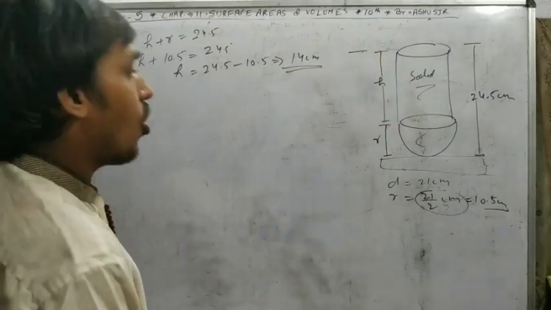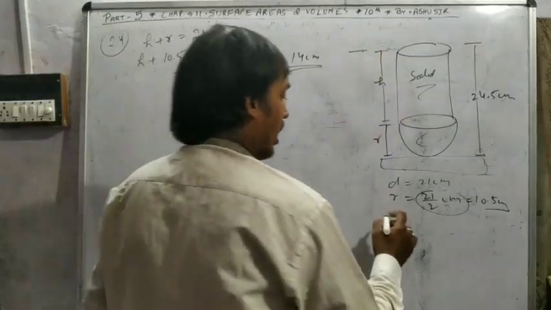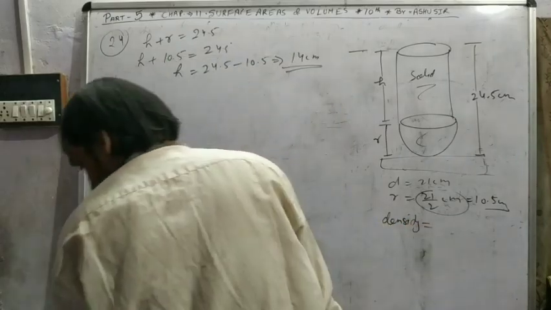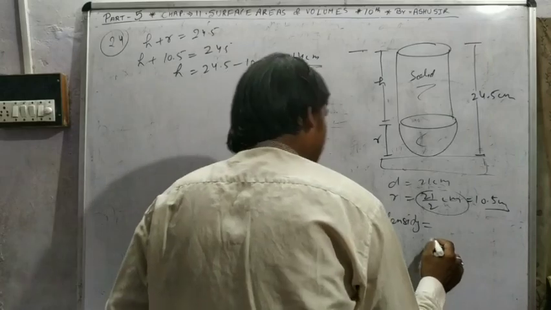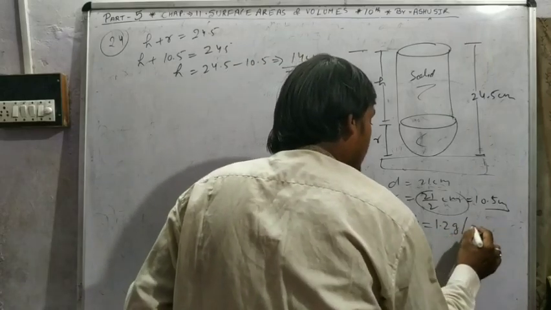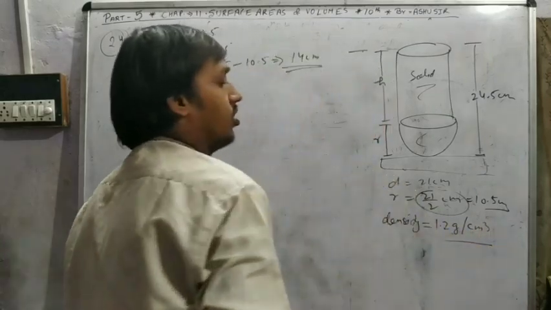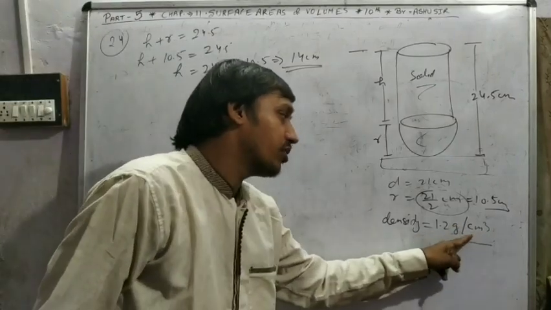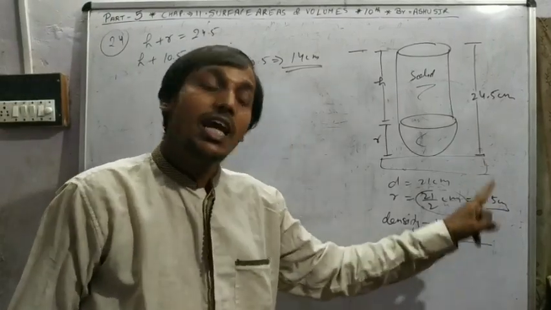So for the weight of the trophy, the density is given: 1.2 gram per centimeter cube. It means it's clear that we want to find the volume in centimeter cube.